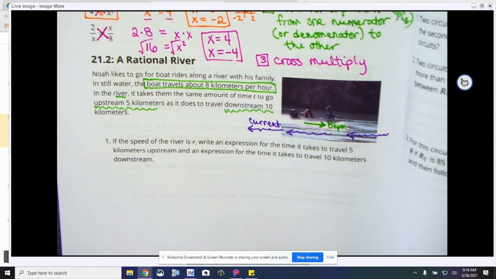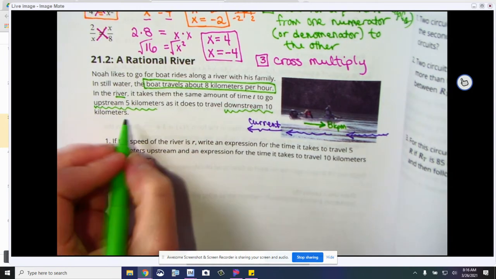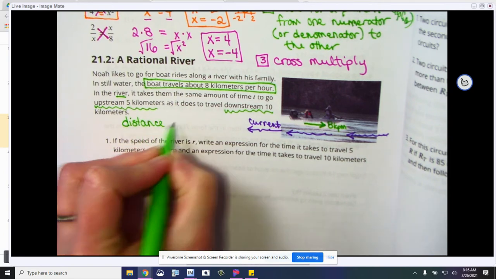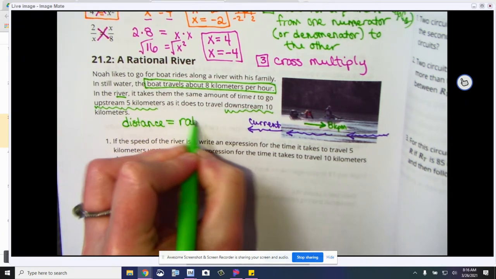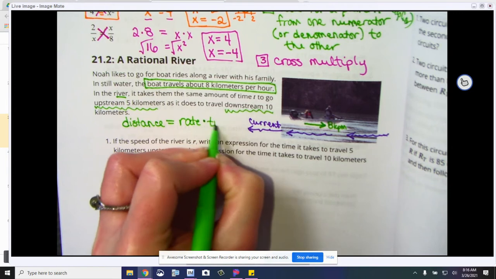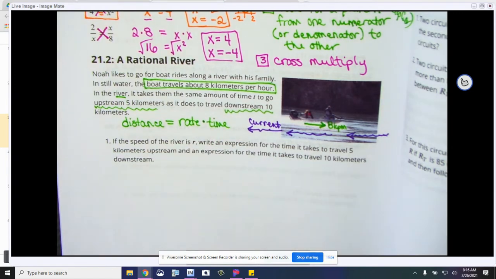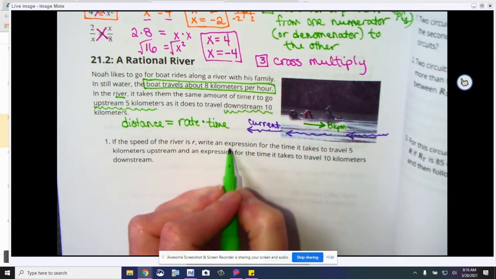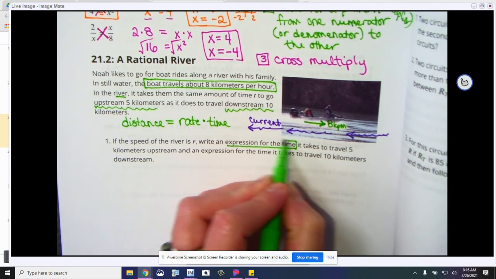So let's remember our formula: distance equals rate times time. It's asking us for an expression for the time it takes.